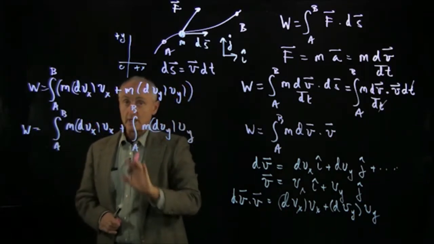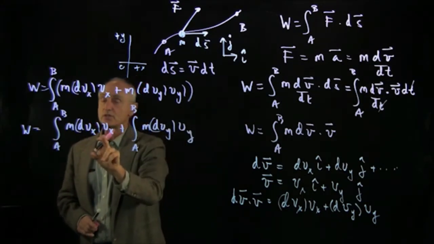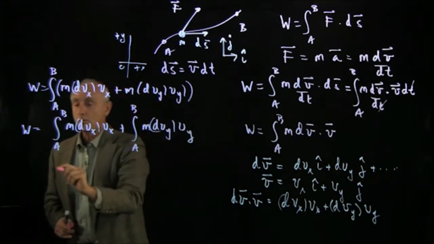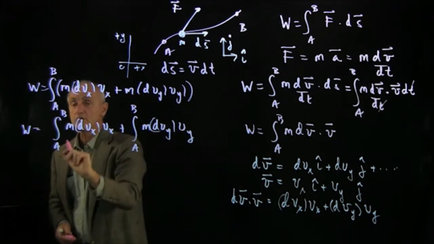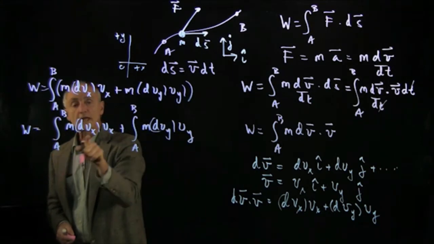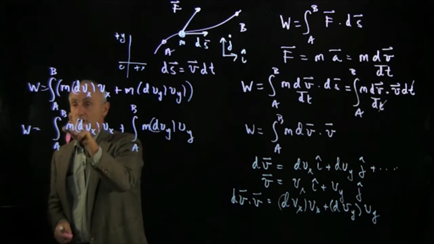And if you recall, in one dimension, we used our integral formula. This is just vx squared over 2. And when we integrate them, what we have to look at is the endpoints of our integral. What we're integrating is the velocity, and we're going from some initial value to some final value.